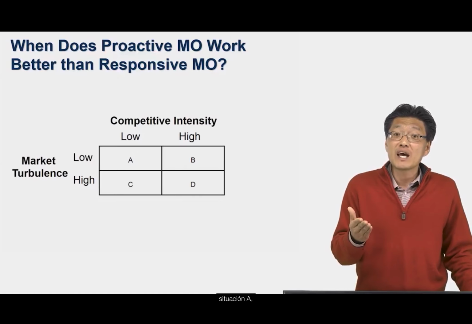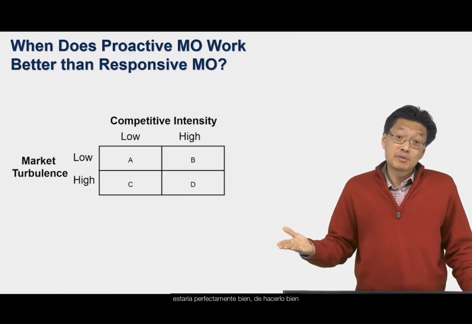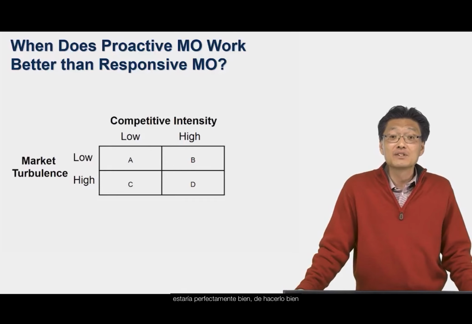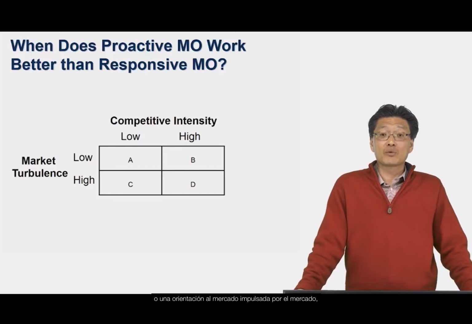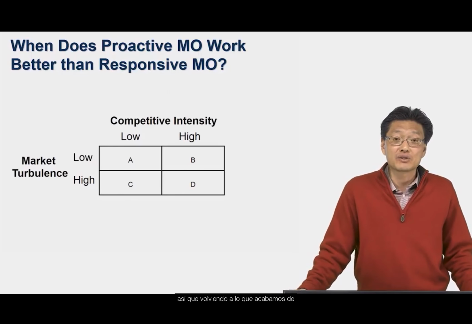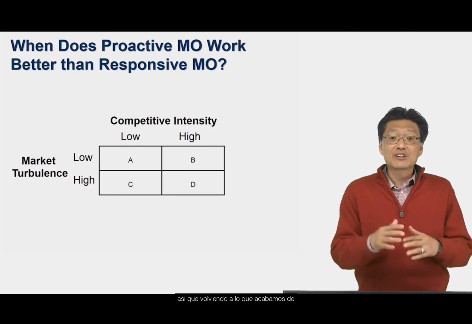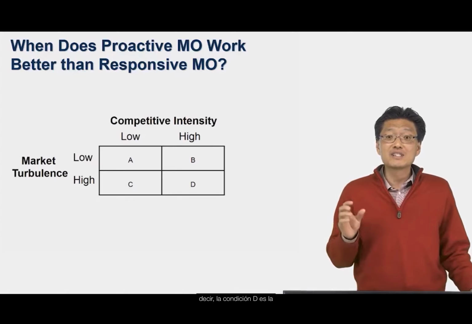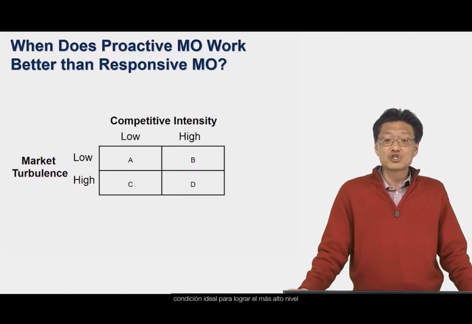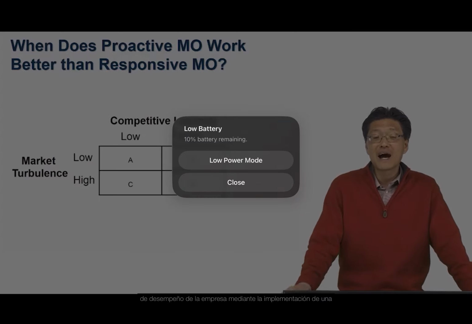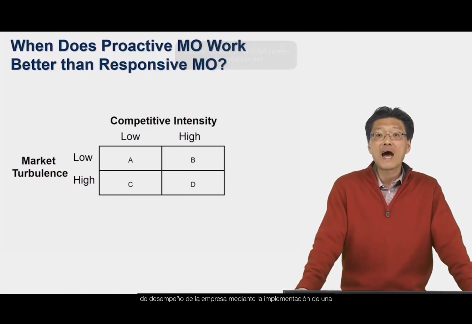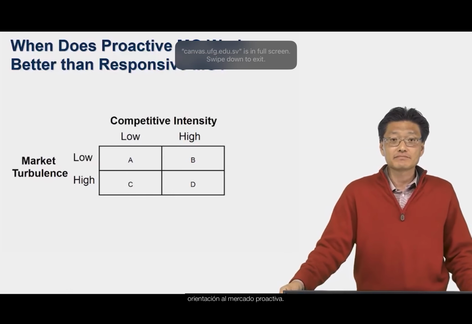In situation A, you'd be perfectly fine doing well by executing a responsive, or market-driven, market orientation. So going back to what we just said, condition D is the ideal condition to realize the highest level of firm performance by implementing a proactive market orientation.